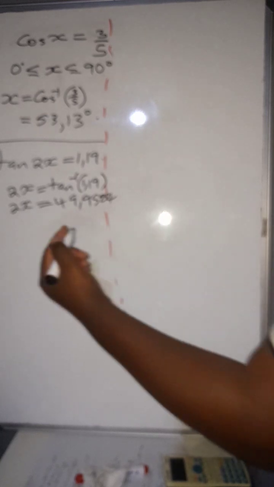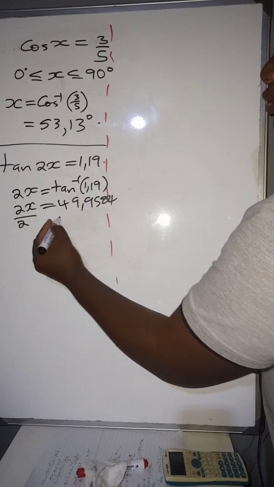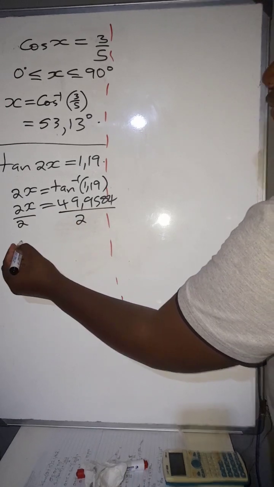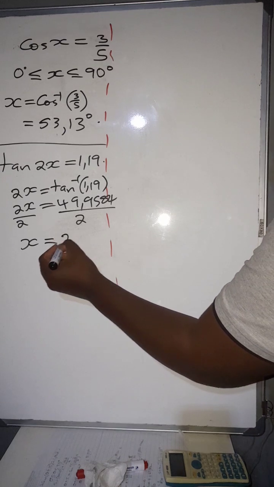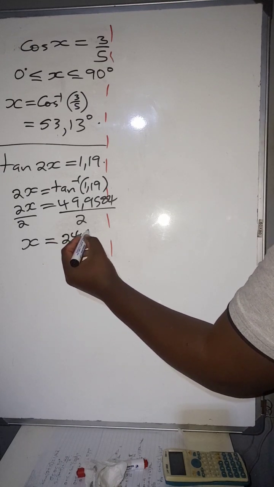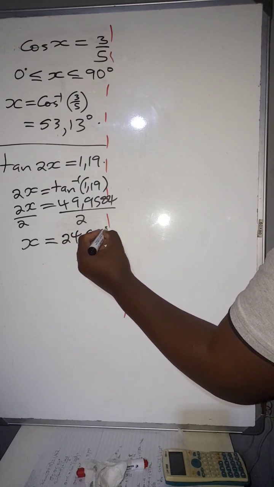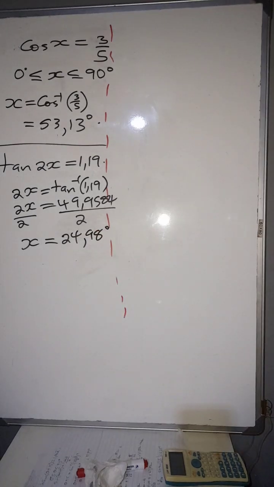We should round off our answers right at the end. So divide by 2, divide by 2. Your x would be equal to 24,98, rounded off to the nearest 2 decimal places. That is the second one.